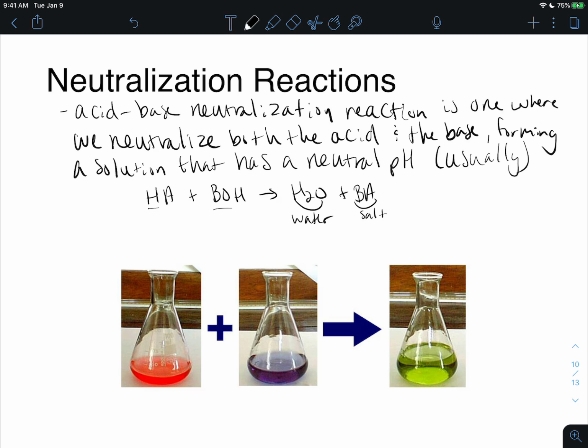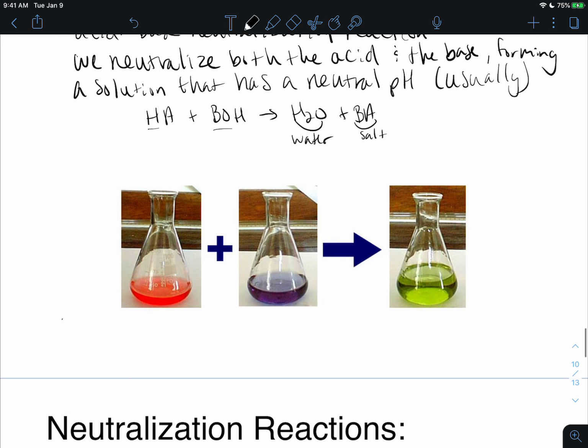Now, as a note, for it to actually be a neutralization reaction, one of our substances has to be strong. So we could do a strong acid, strong base neutralization, a strong acid, weak base neutralization, or a weak acid, strong base neutralization. But a weak acid plus a weak base just forms a buffer. So it's not going to actually neutralize.